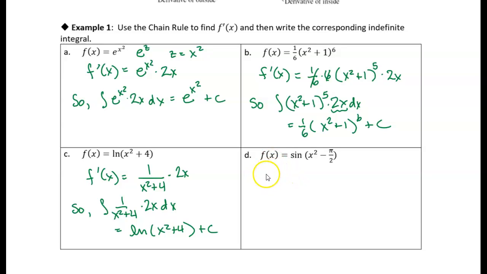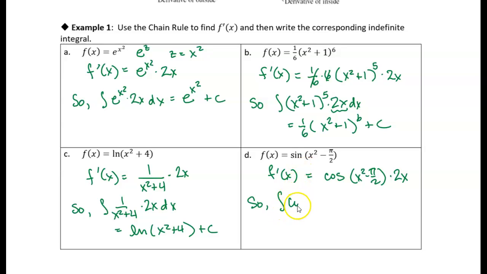One more. Take the derivative of the sine function. So f prime of x, the derivative of sine is cosine. So cosine, we'll leave the inside function alone, so x squared minus pi over 2. And then we take it times the derivative of the inside function, which is again 2x. So the corresponding indefinite integral, if we take the integral, the antiderivative of the derivative, we'll get back the function that we had in the first place.